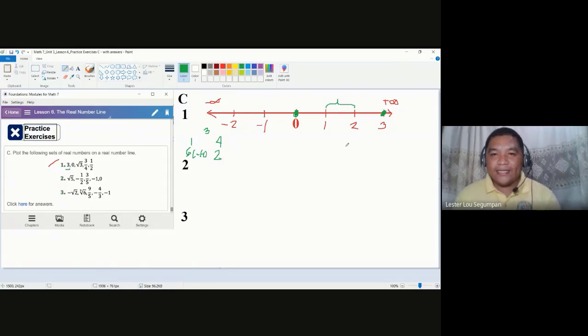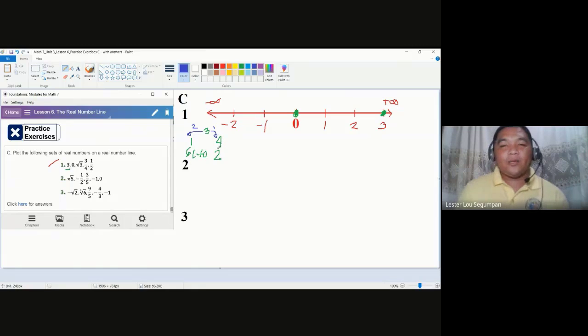But which area? That's the next task. We could simply determine which it is closer to. Since we are writing the real number line, yes, we need to be precise and accurate. But because there are no other values that would cause confusion with the value square root of 3, we can simply determine that square root of 3 is closer to the square root of 4 than to the square root of 1, because this has 2 steps, and this has 1 step. So from here to there, we have only 1 step.